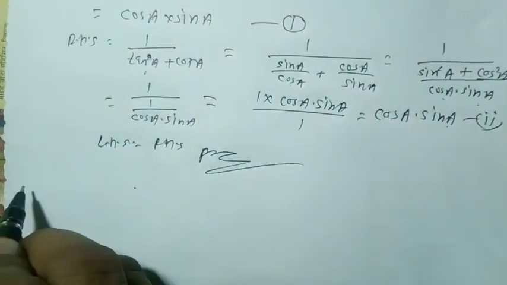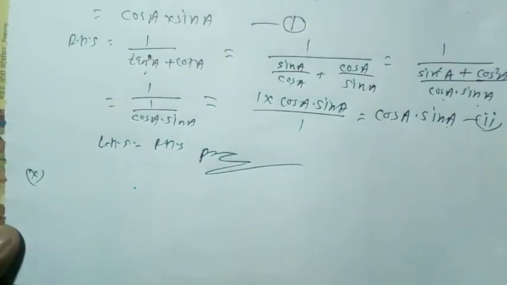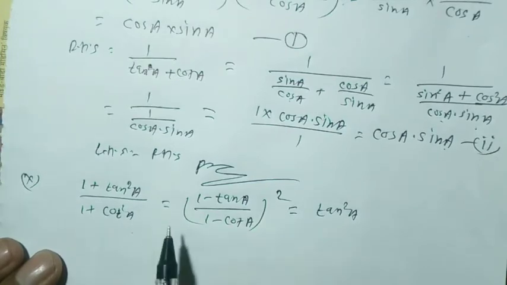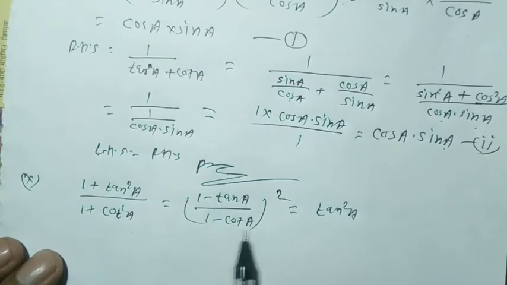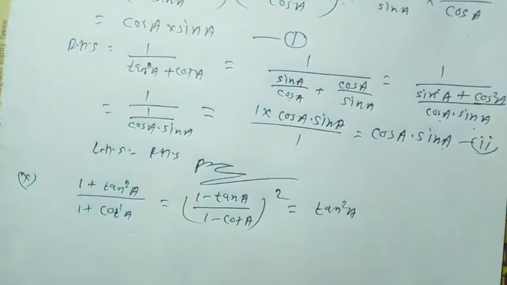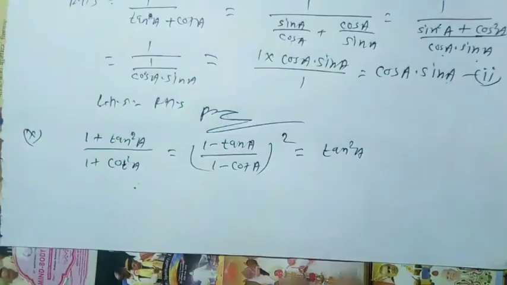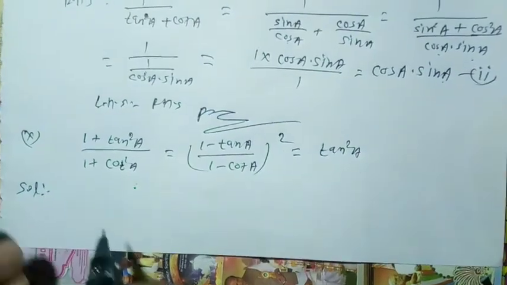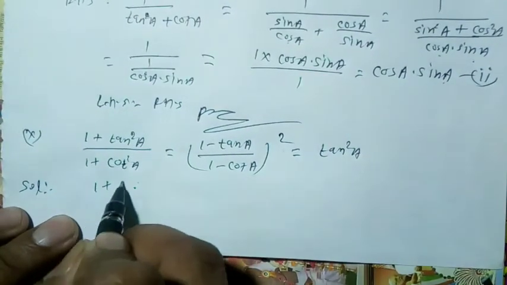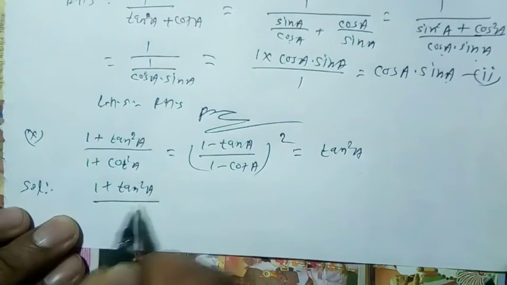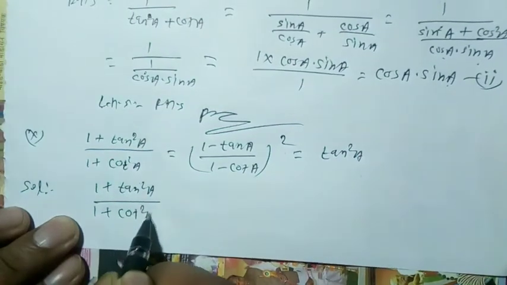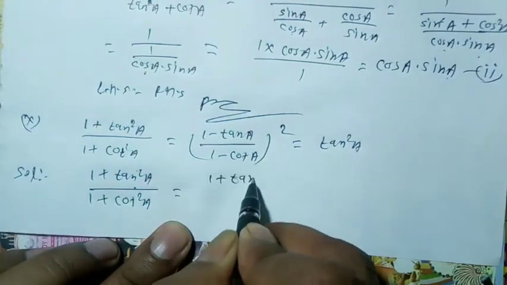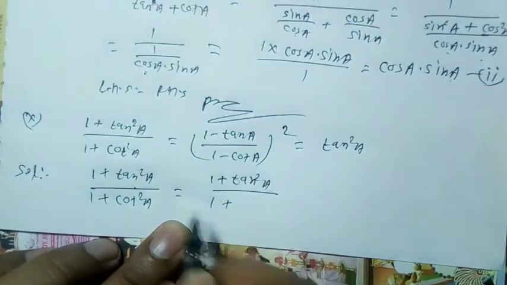The next question, number 10. (1 + tan² A)/(1 + cot² A) = ((1 − tan A)/(1 − cot A))² = tan² A. So we also find it part by part. Solution: (1 + tan² A)/(1 + cot² A).